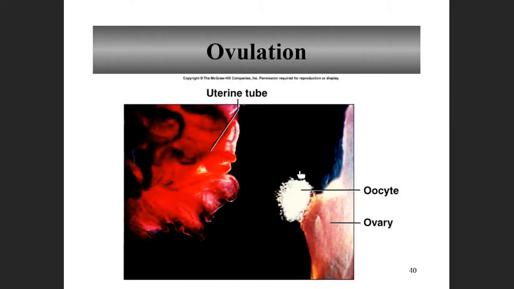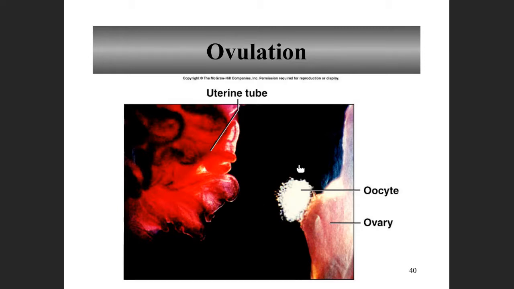Great picture shows you that under LH influence, the secondary oocyte is inside, and it still has a lot of cells surrounding it, the granulosa cells, forming a crown, the corona radiata. And then usually the fimbriae of the fallopian tube are in close contact, so that when this oocyte is released, it will hop into the fallopian tube, the uterine tube.